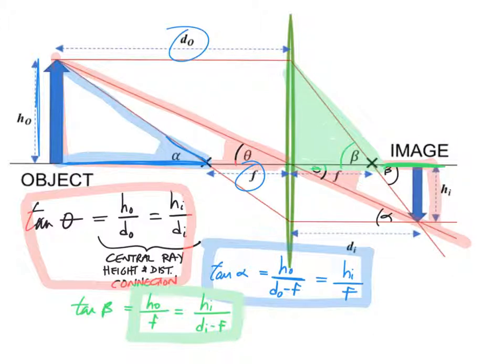All right. So I'm going to add a thing here and kind of summarize the math a little bit. So what do we get? We get that this ratio is equal to that ratio, that there's a connection between the object height relative to the image height is the same relationship as the object distance is to the image distance.